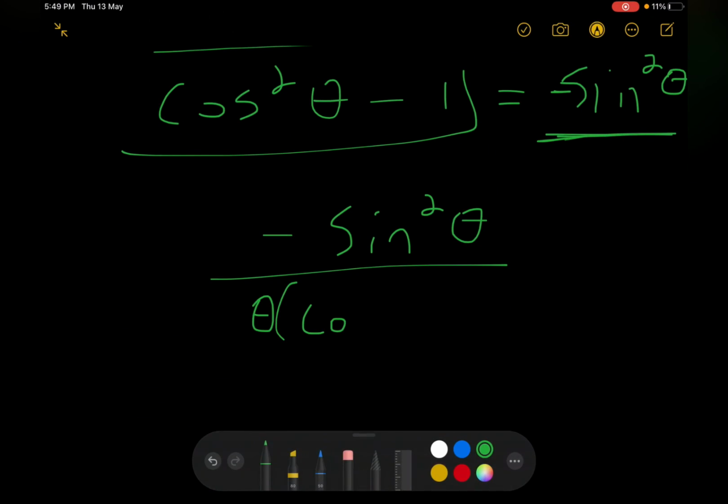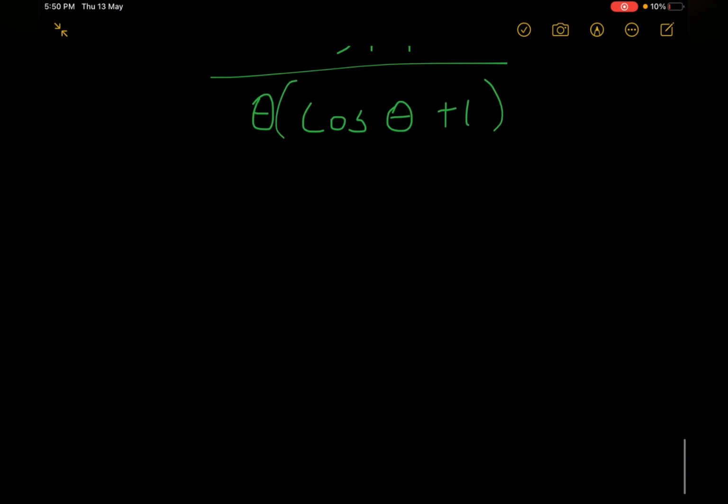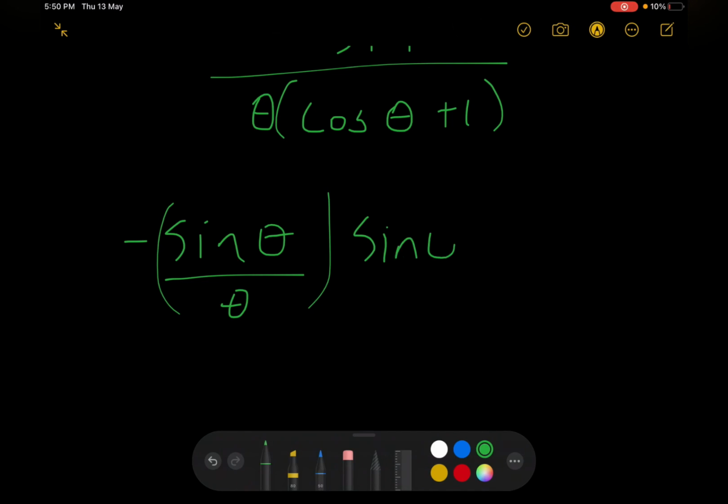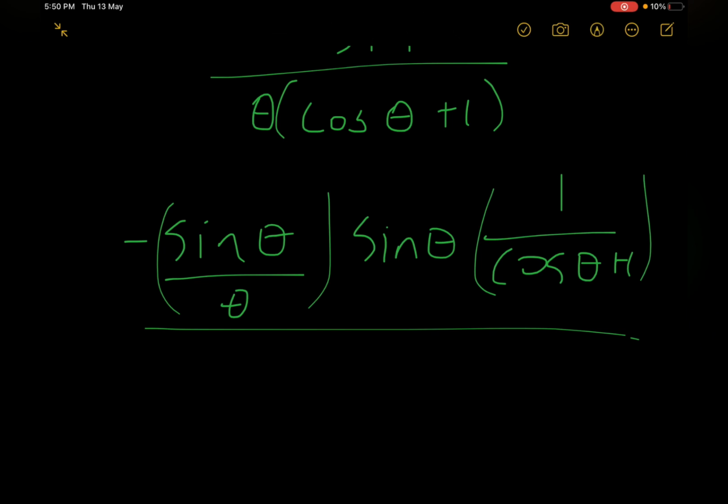I can now rewrite this as negative sine theta over theta times sine theta times 1 over cos theta plus 1. This is the same thing as this fraction here.